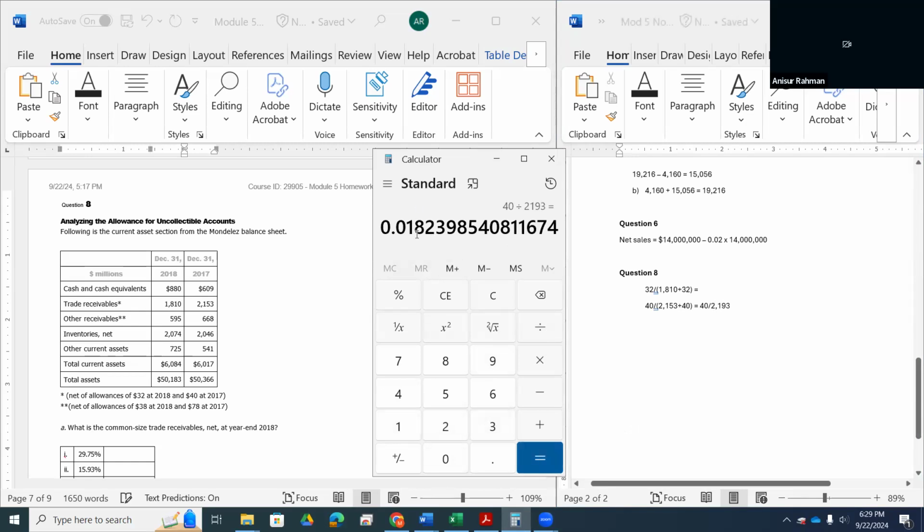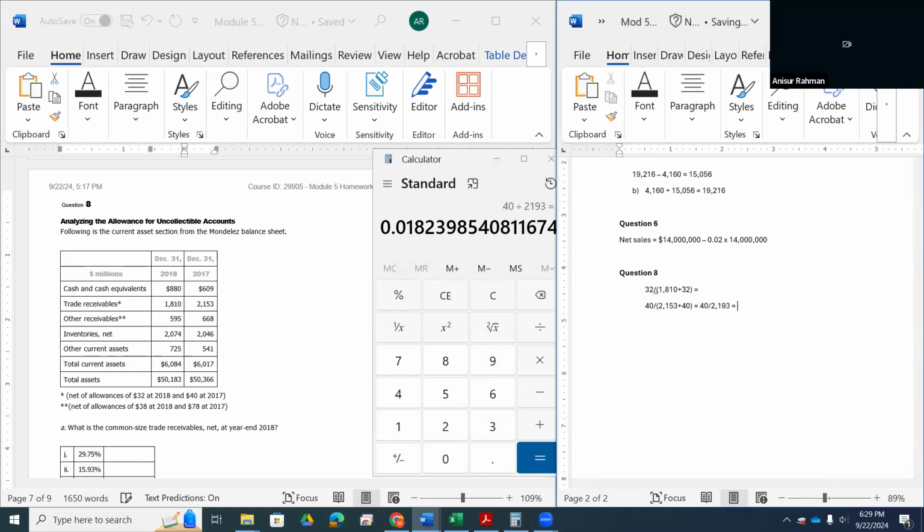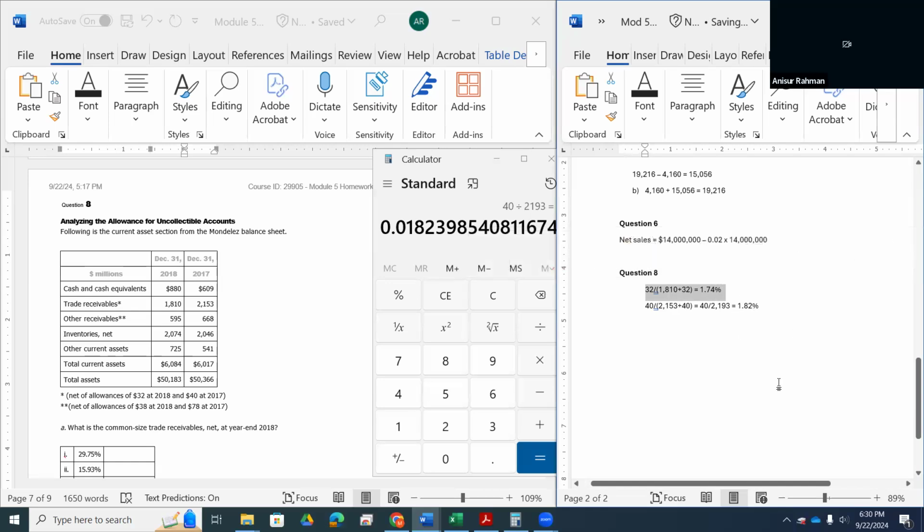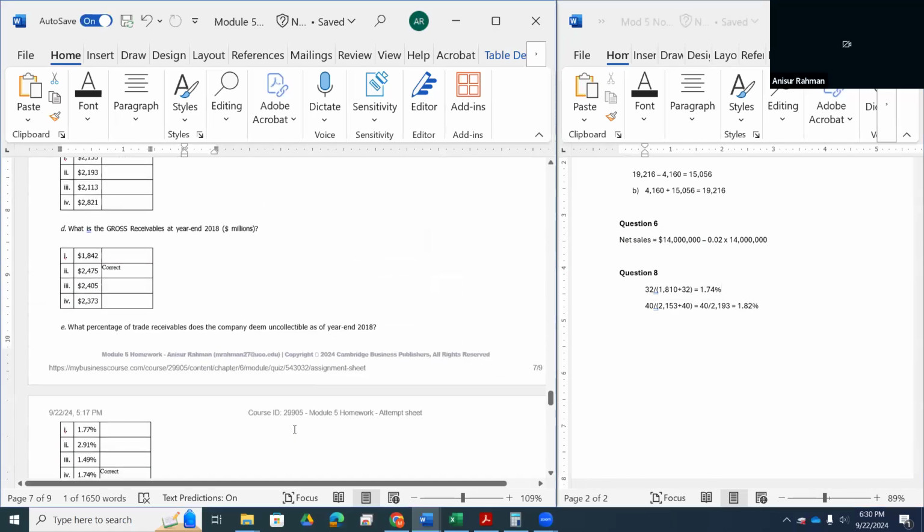Which is 1.82%, and this was 1.74%. So of course, in 2018, it has a lower percent of trade receivables as uncollectible. So it has the higher quality trade receivables in 2018.